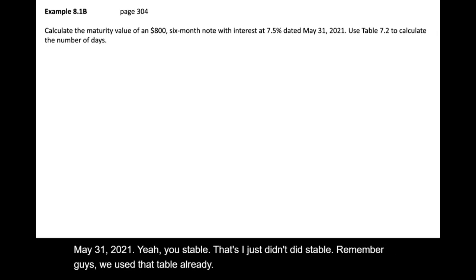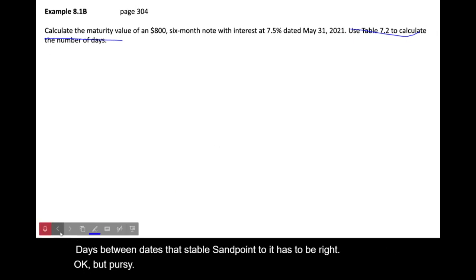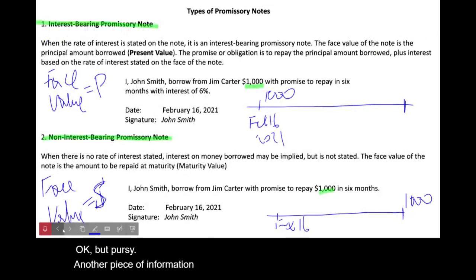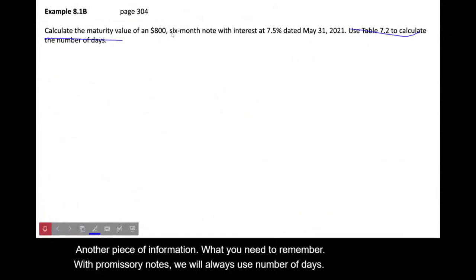Days between dates. That's table 7.2. It has to be right. Okay, but per se, another piece of information you need to remember, with promissory notes, we will always use the number of days.